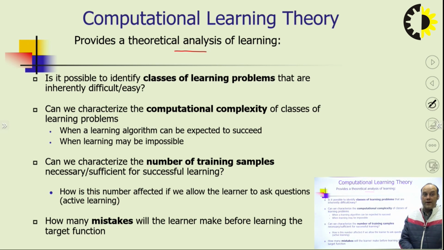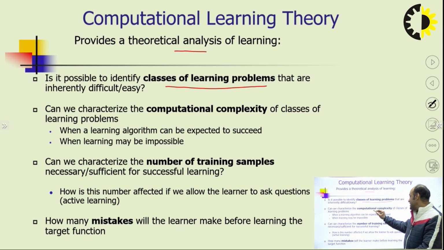So what are the solutions? We are just going to find out: can you identify the classes of learning problems that are inherently difficult or maybe easy? Number one. Can we categorize the computational complexity? Computational means we are going to do some computation. Complexity means we are going to find out the complexity of the classes of the learning problem.